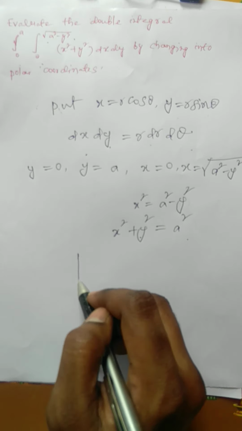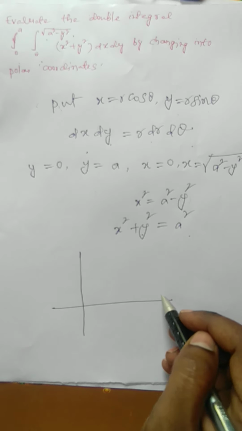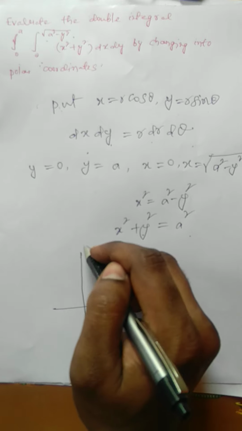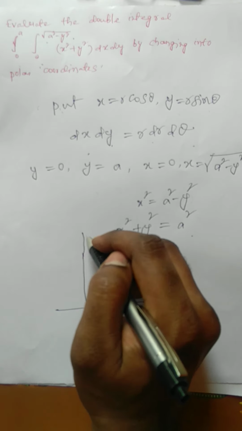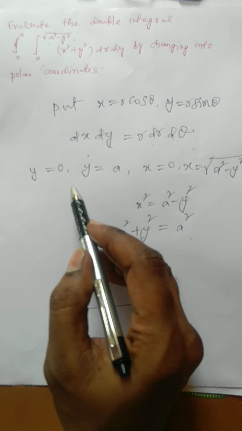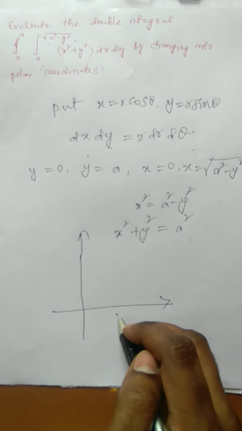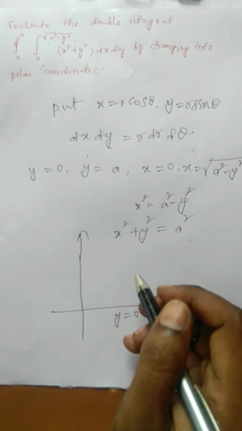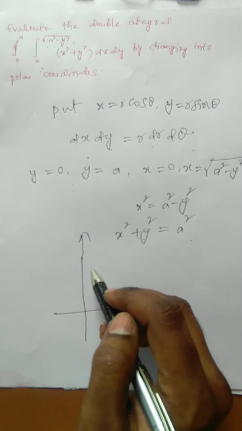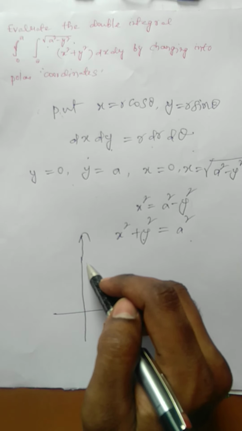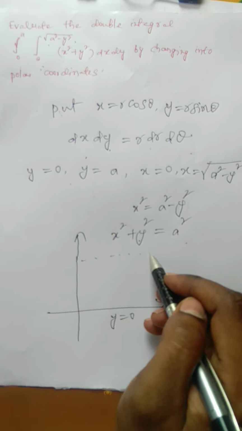I am drawing the region of integration. So y equals 0 is nothing but the x-axis. Y equals a is a line parallel to the x-axis at a distance a units.